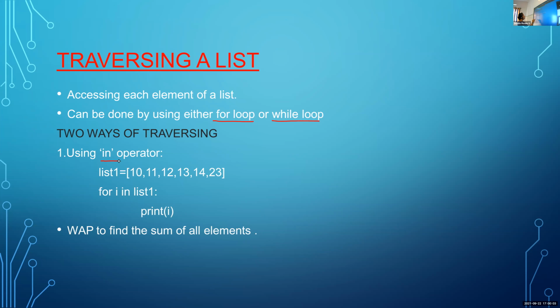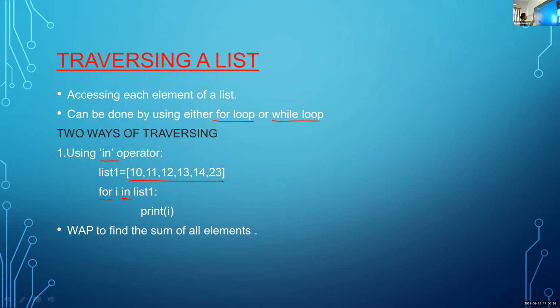Here we are using in with a for loop. list1 is equal to a list with 6 elements: 10, 11, 12, 13, 14 and 23.